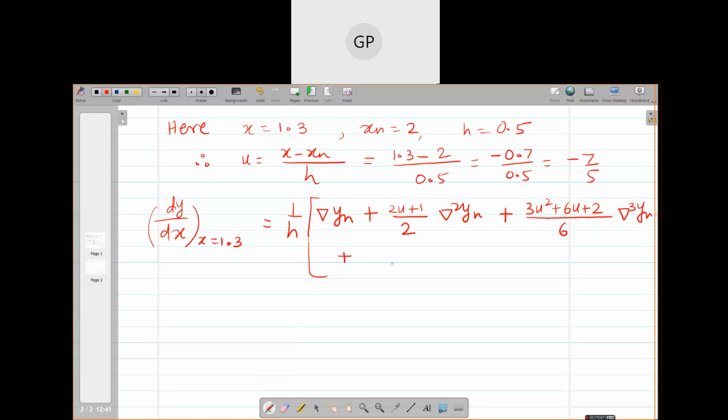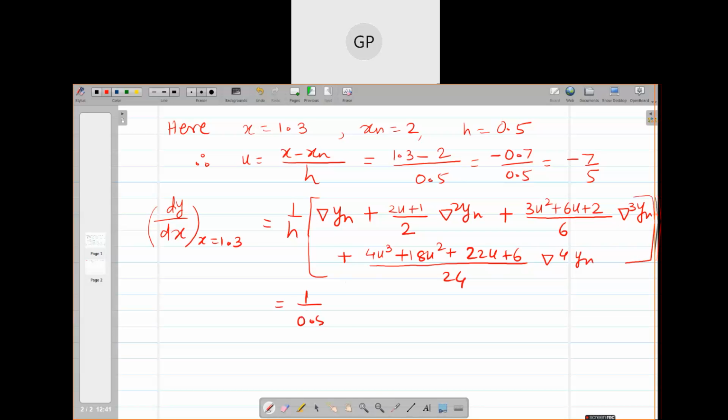Plus 4u cube plus 18u square plus 22u plus 6 upon 4 factorial, which is 24, into del raised to 4 yn. Okay, do not put any dot now. So this is your formula.